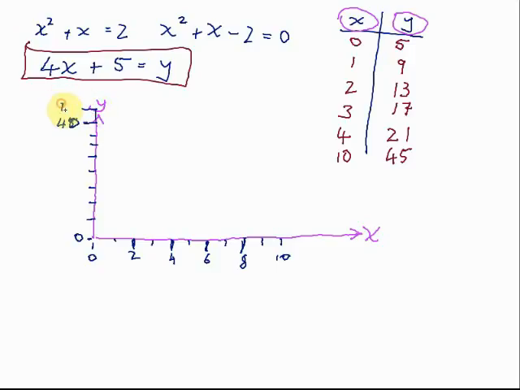And 45. So we've got 5, 10, 15, 20, 25, 30, and 35.